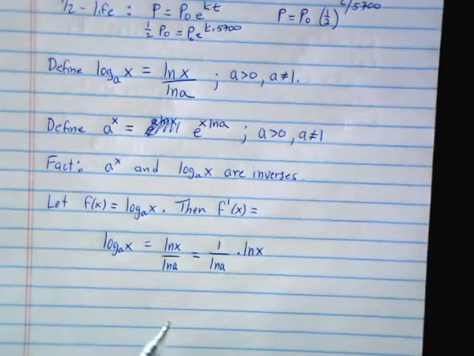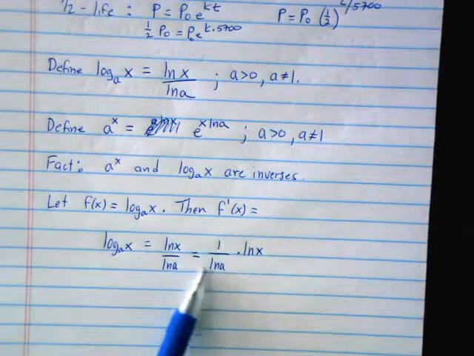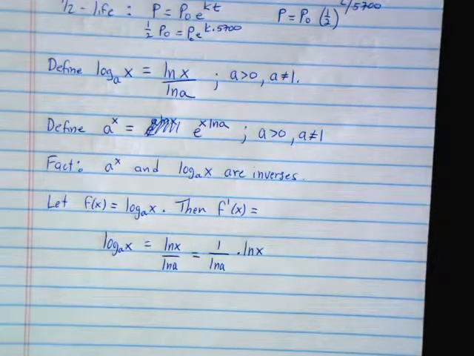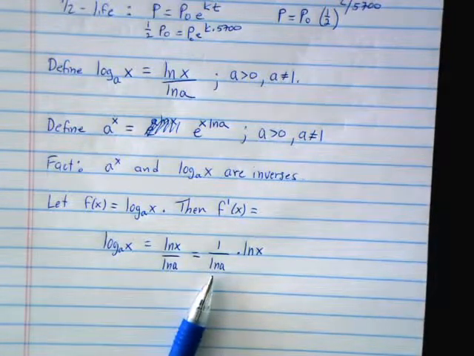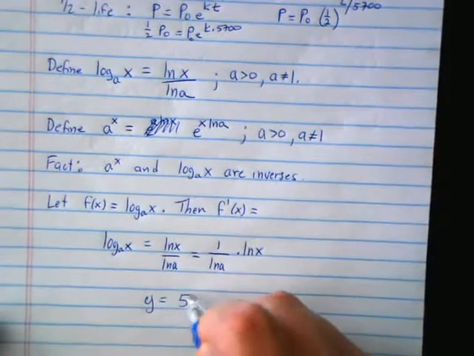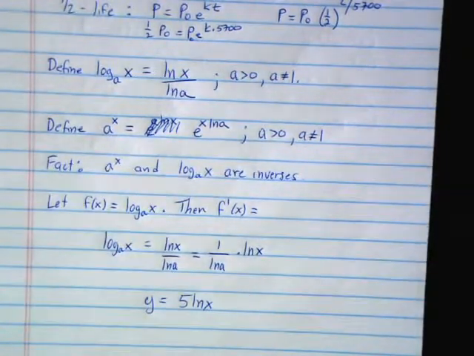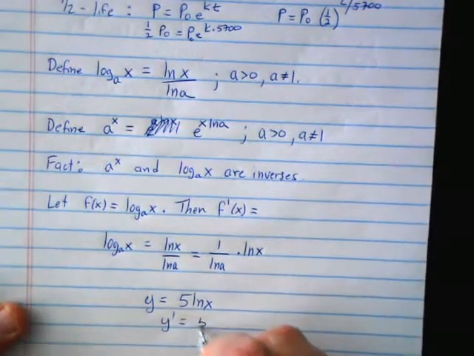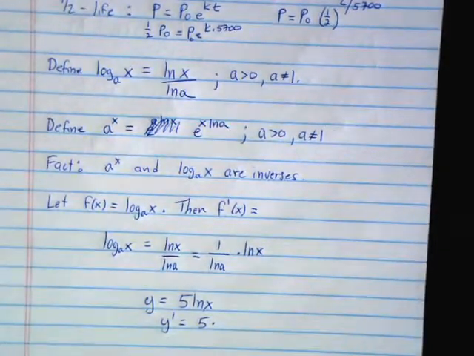So what's the derivative of a number times ln x? What happens to this number? Yeah, if I had y equals 5 ln x, and I asked you to take the derivative, what would you do with that 5? You just leave it there because it's a multiplier, right? So y prime would be the number 5, and then you would take the derivative of ln x.